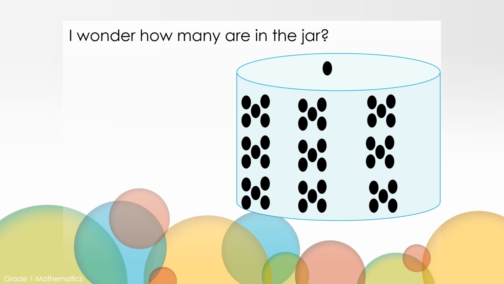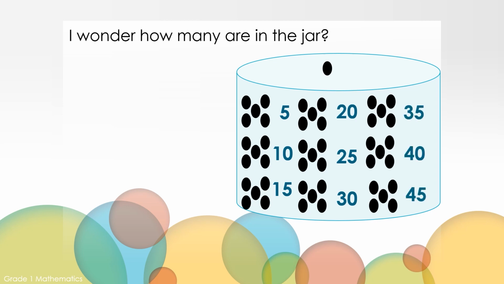I noticed that they're in a 5 pattern. Let's try counting by 5s. 5, 10, 15, 20, 25, 30, 35, 40, 45, and one more. 46. There are 46 dots in the jar.